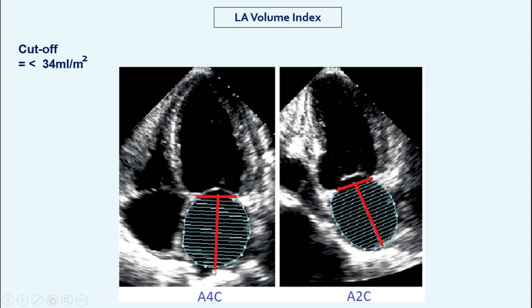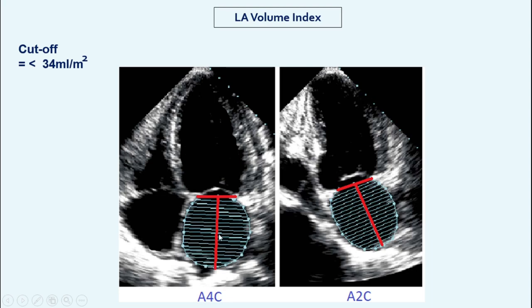In this measurement, we shouldn't include the pulmonary vein, and here you will see the left atrial appendage. At the end, when we trace the left atrium, the machine gives us an option about the long axis of the left atrium, this line, and you can move it around to the left or right.